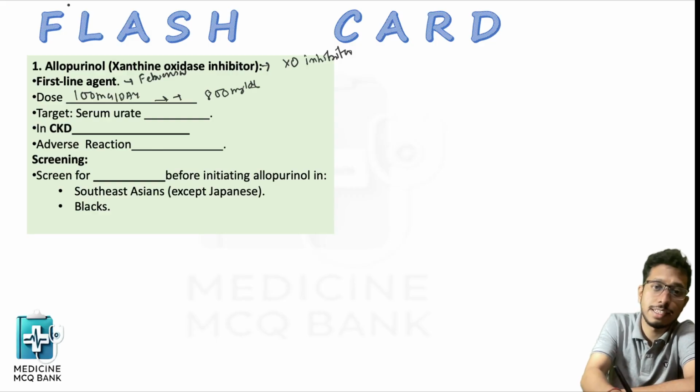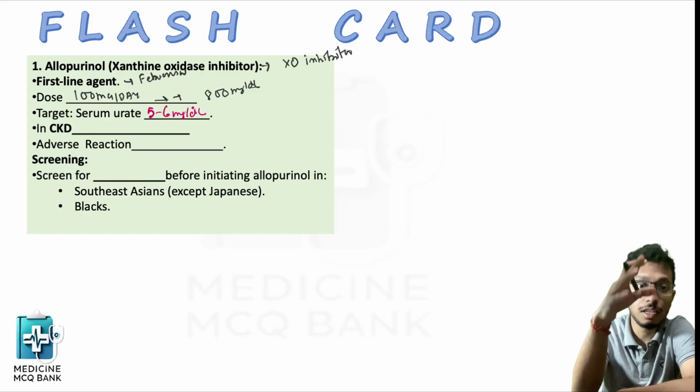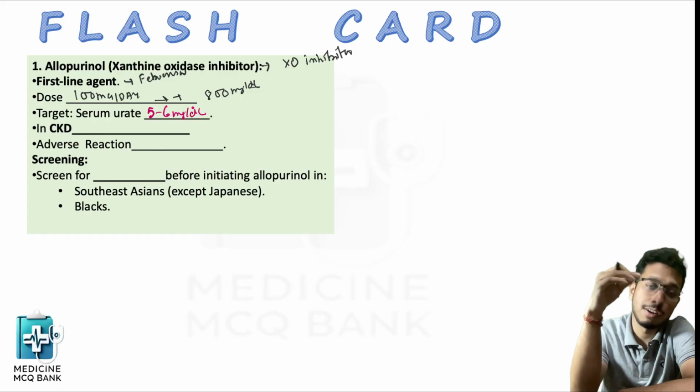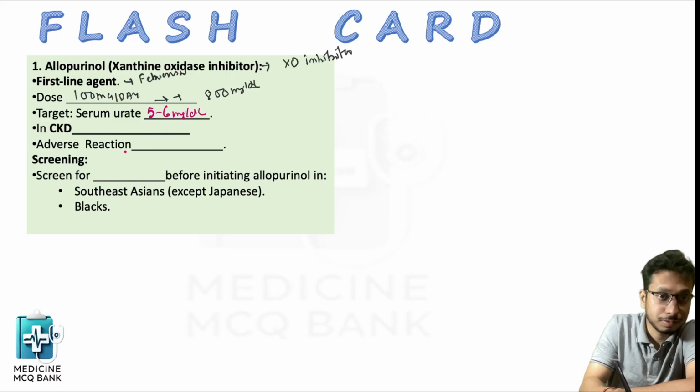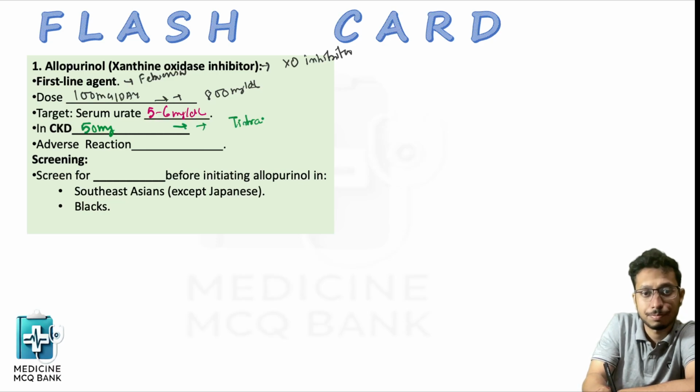And what is the target serum urate? We have studied it again and again. It is 5 to 6 milligram per dl. Now, remember, in a CKD patient, you need to start allopurinol at low doses and titrate more gradually. So, in a CKD patient, it should be started at 50 milligram and titrated slowly. Why so?